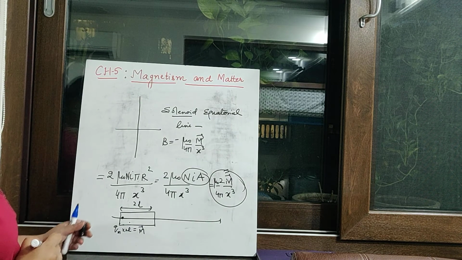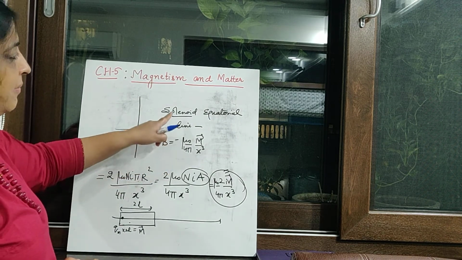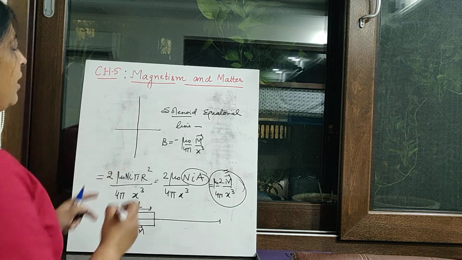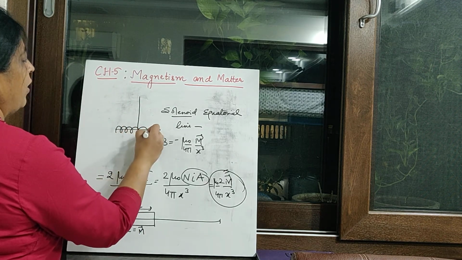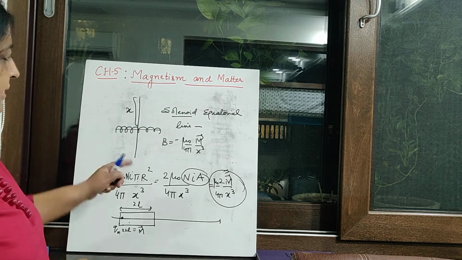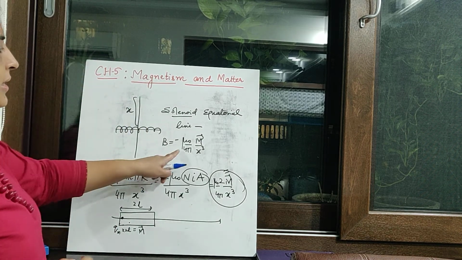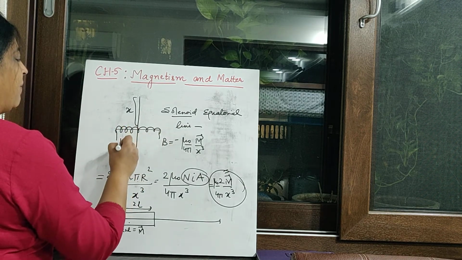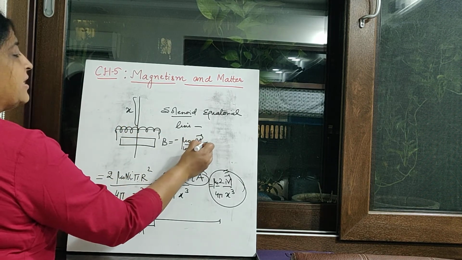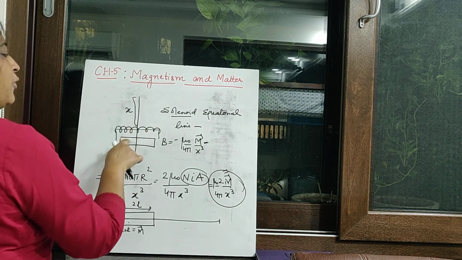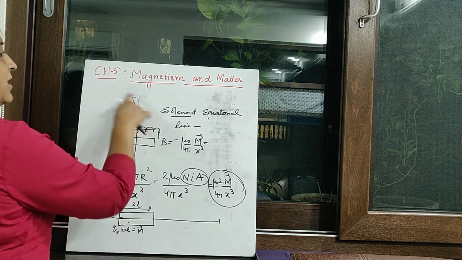Suppose this is the solenoid, and you are finding the magnetic field at a distance x on the equatorial line. If you replace this solenoid by a bar magnet having the same magnetic moment m, you will get the same magnetic field produced by the bar magnet here.